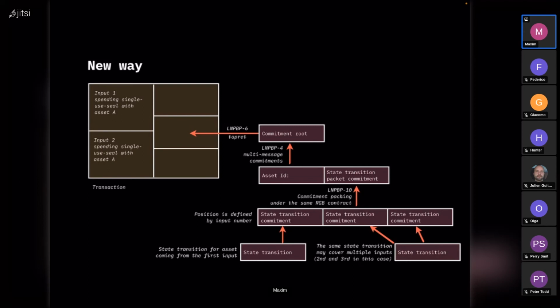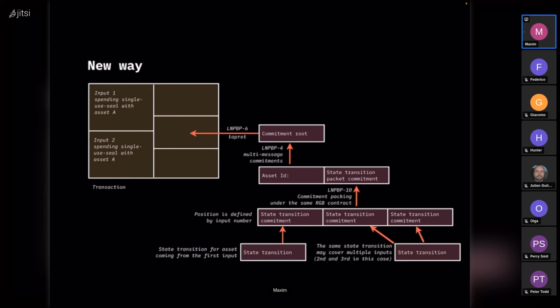So if you spend multiple assets with the same transaction, you will end up with independent state transitions, which you do not need to disclose. If you move some assets in a joint transaction, you just provide the hashes, and people wouldn't even know which assets are there.